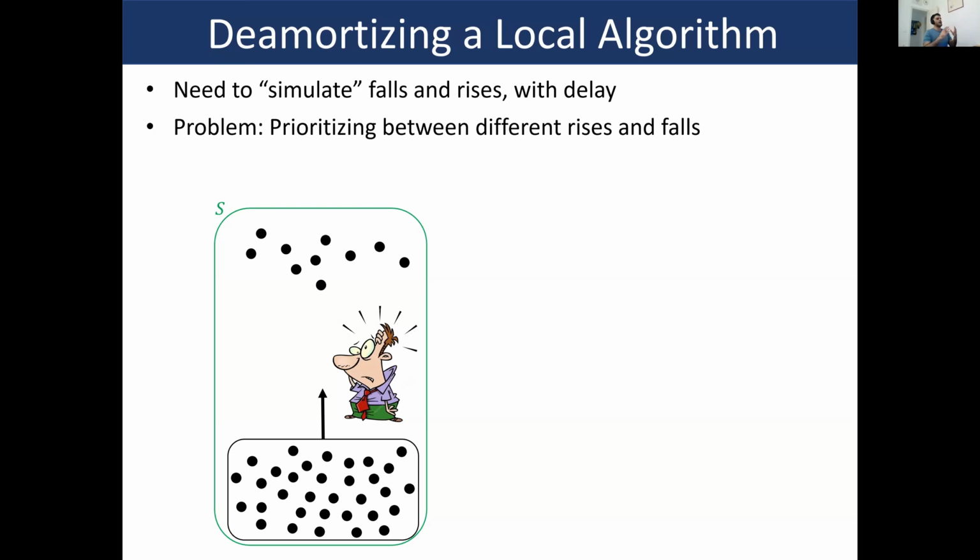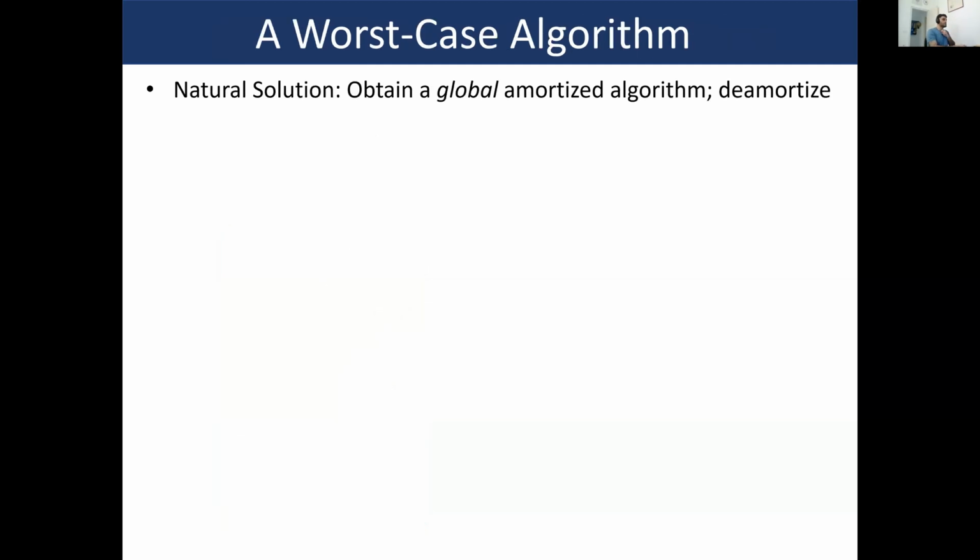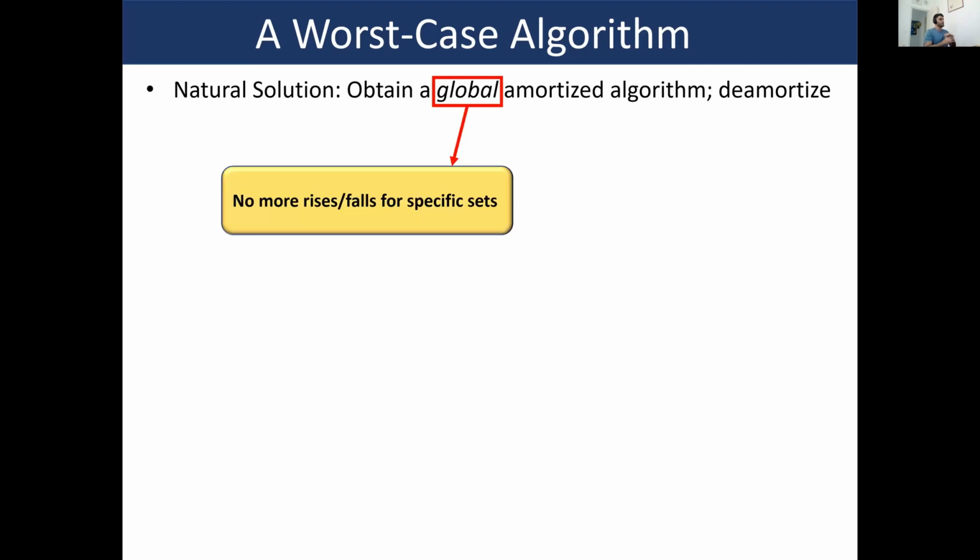So this local algorithm is problematic if we want to deamortize it, because these rises and falls have to occur instantly. So what we need to do is obtain a global amortized algorithm and deamortize it. Now, what do I mean by a global algorithm? We don't want to allow any more rises or falls for specific sets.